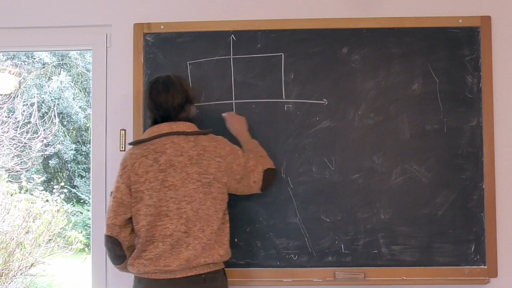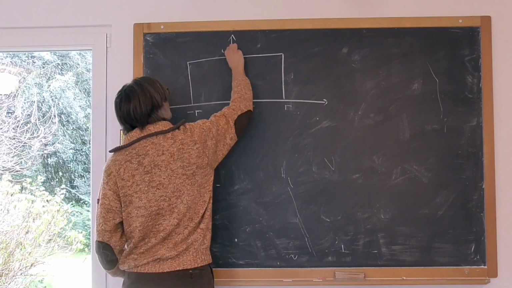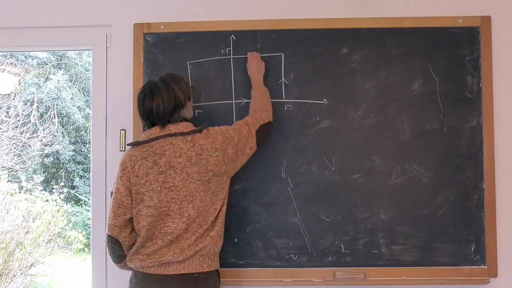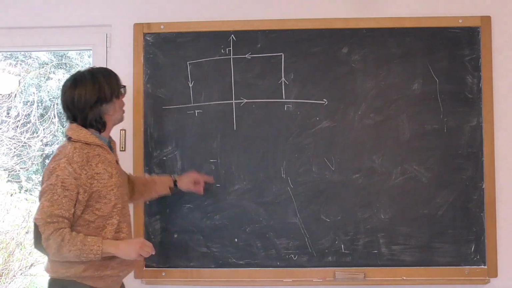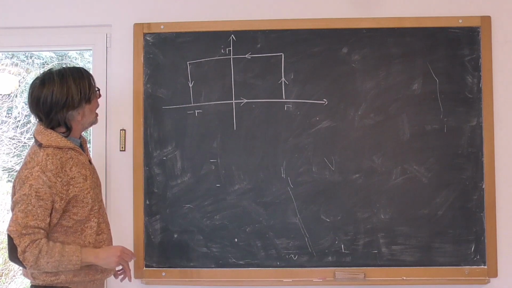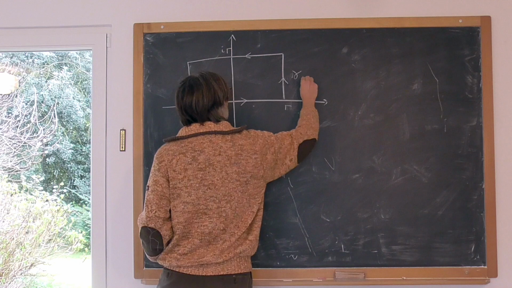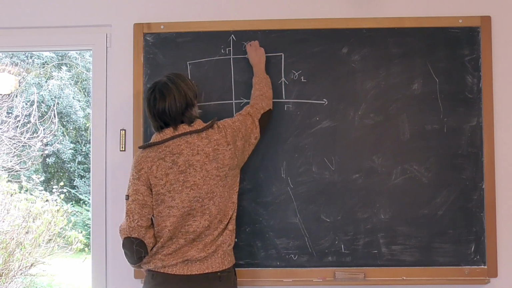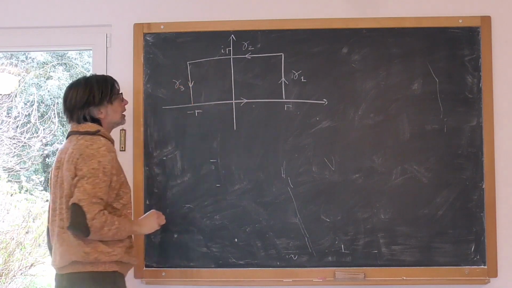This is R, this is minus R, and this is iR. So this is a rectangle with base of length 2R and height R. Let's call this segment gamma 1, this horizontal segment will be the piece gamma 2, and this other vertical segment will be the piece gamma 3.